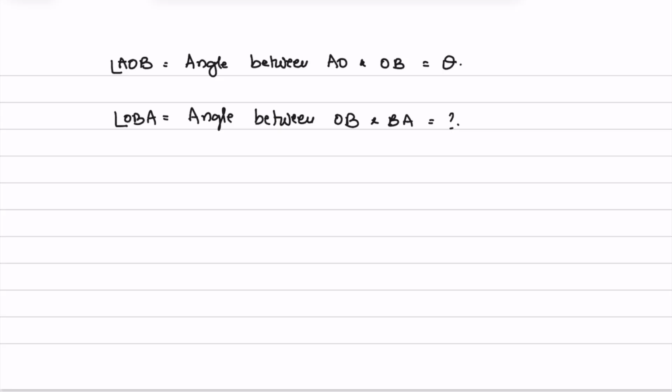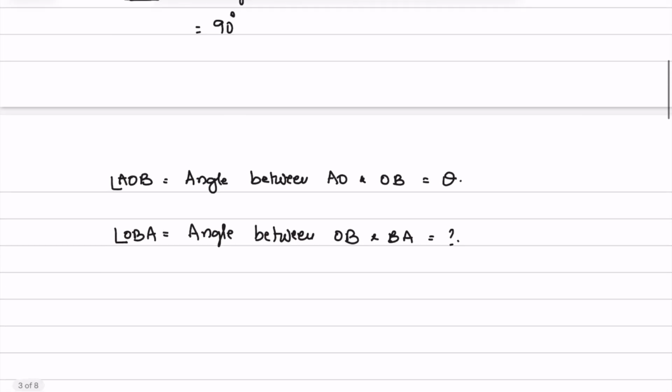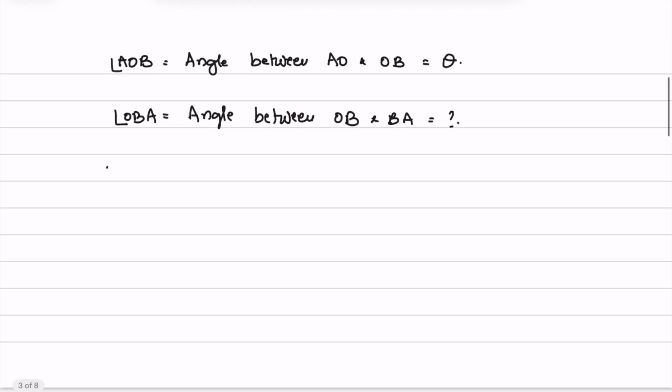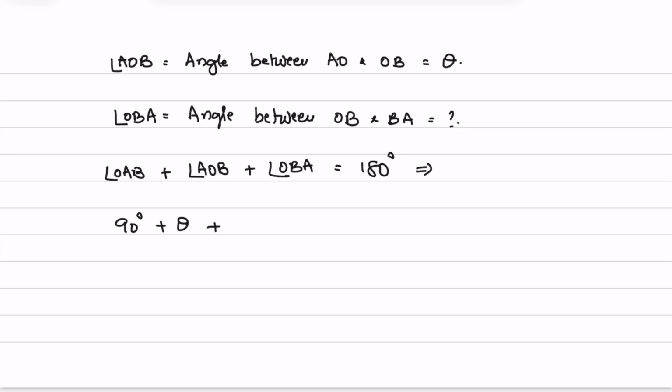But the sum of all these angles will be 180 degrees. That we know. Angle OAB plus angle AOB plus angle OBA is equal to 180 degrees. That implies angle OAB is 90 degrees plus angle AOB is theta plus angle OBA is equal to 180.